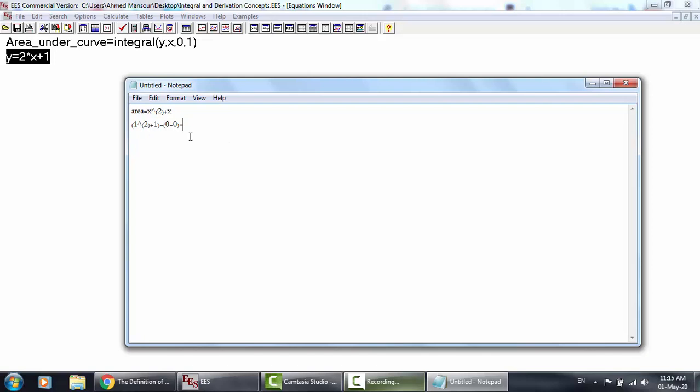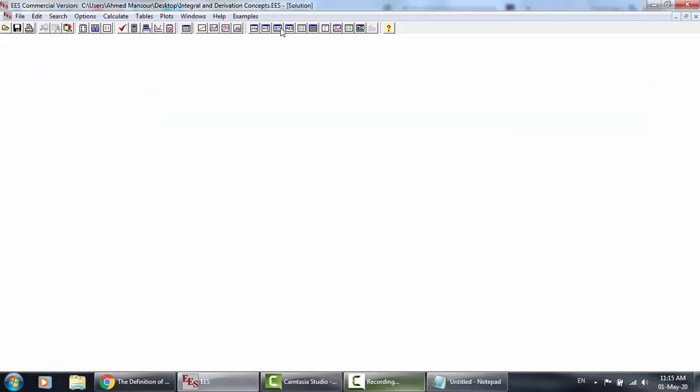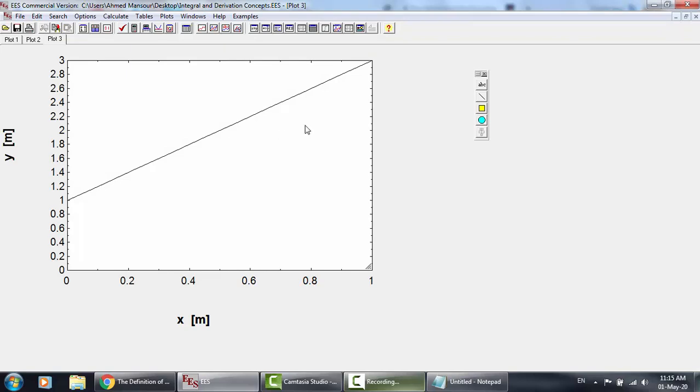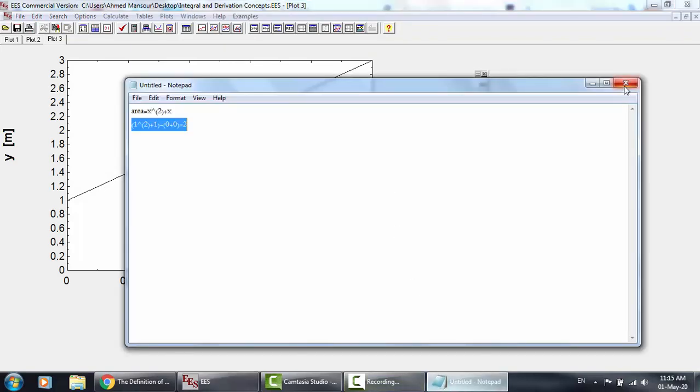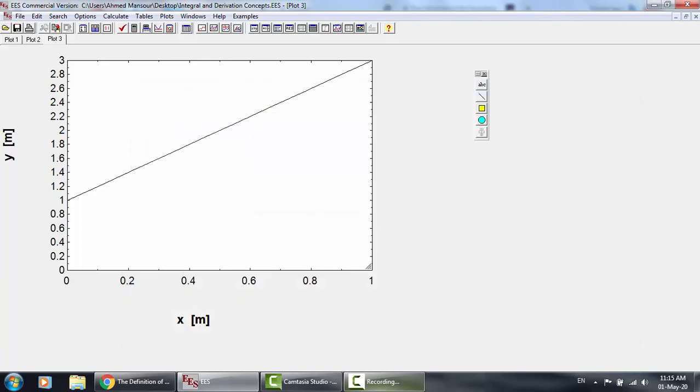This equals 2. So we have here the integral is 2, and also the area under this line is 2. So this is pretty awesome. Okay.